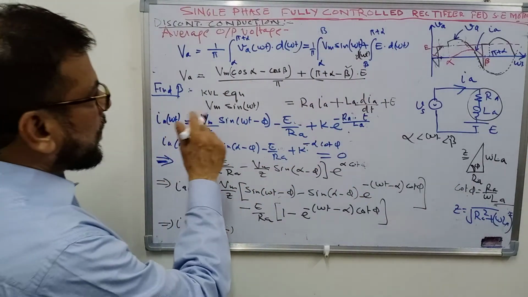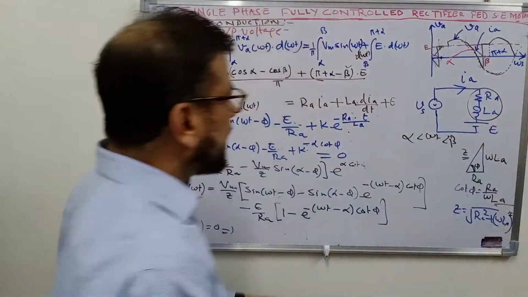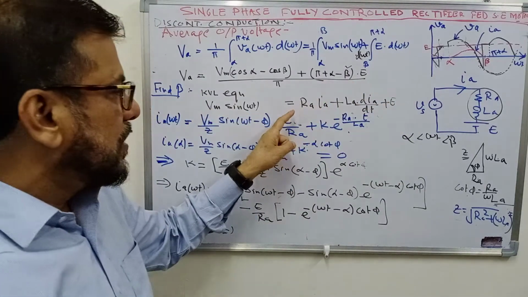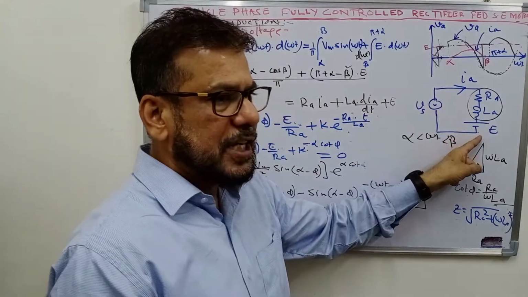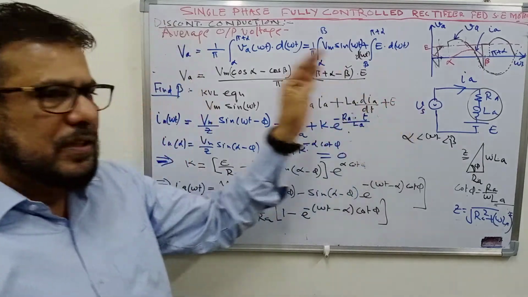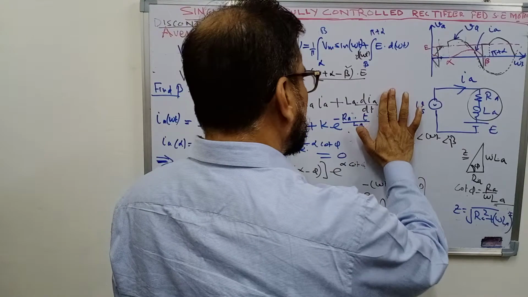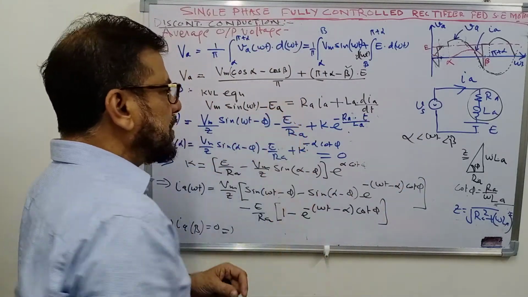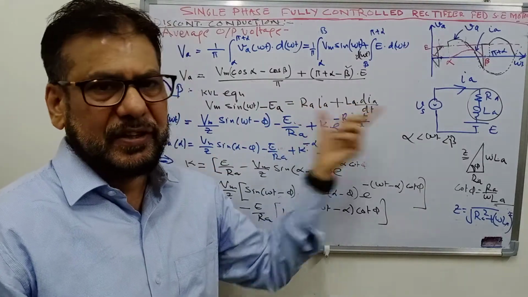Now apply Kirchhoff's voltage law here. It is Vm sin omega t, the source voltage, is equal to RA Ia plus LA di over dt plus the back EMF E. Now this back EMF E you can take on the left hand side and write the equation with minus E. So there are two sources acting on the RL circuit.